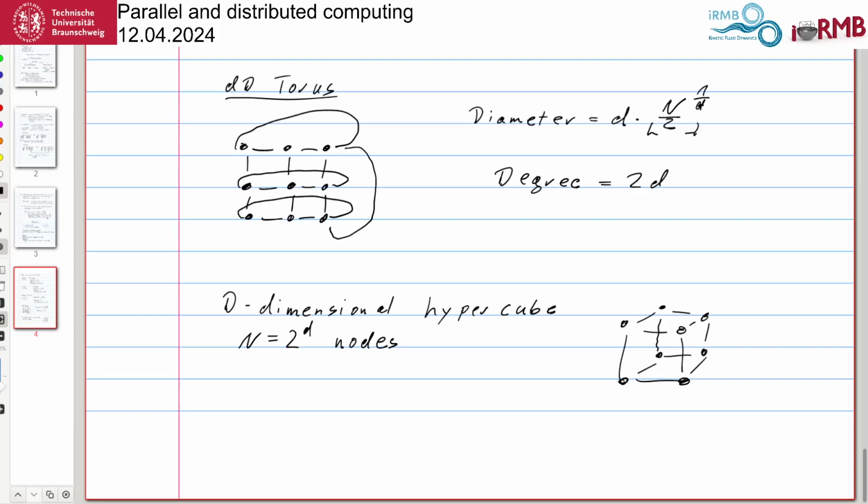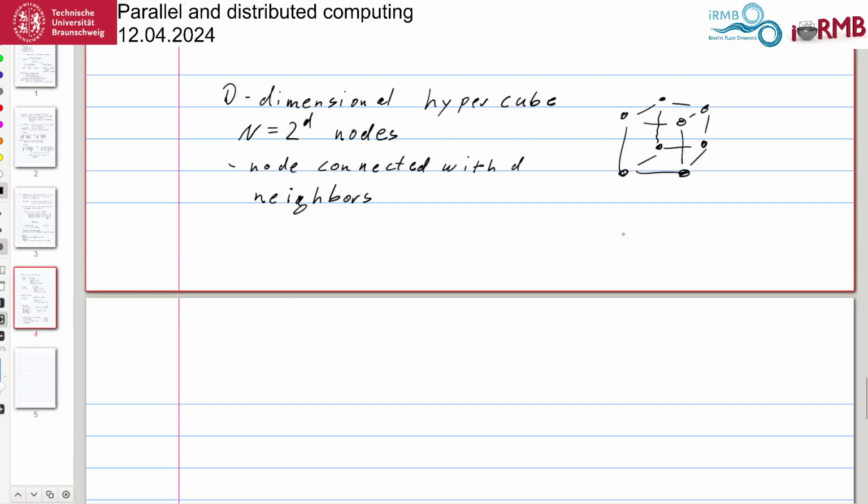Each of these nodes is connected to d of its neighbors. And I have to go to the next page, I'm sorry. And they are indexed by d bits.